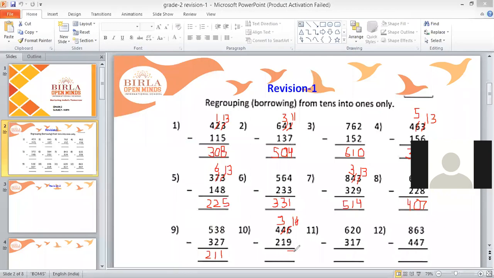And 3 minus 1? 2, ma'am. And 4 minus 2? 2 only, ma'am. So the answer is 227.